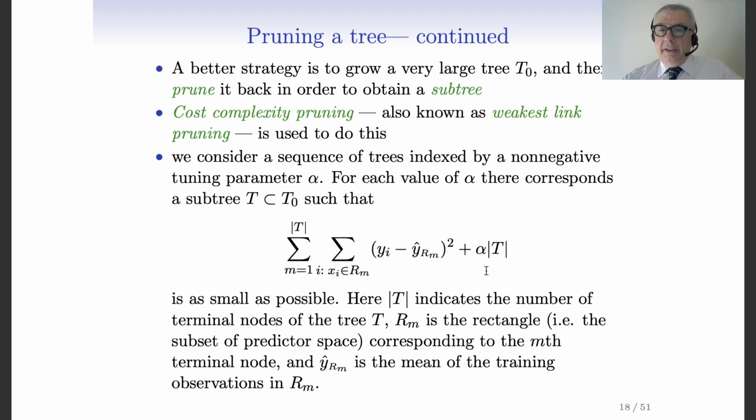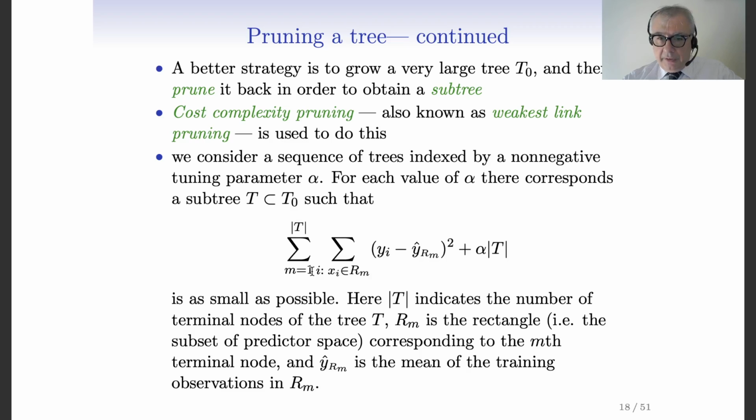And the idea is that if I take a given alpha, I can consider possible subtrees, and I can rank them according to alpha, and for each alpha we'll find a subtree that optimizes this cost function. This means that depending on alpha, I will have different optimal trees.